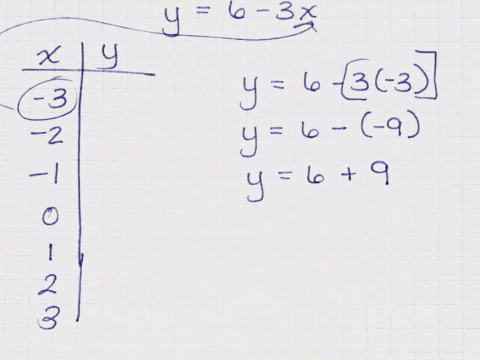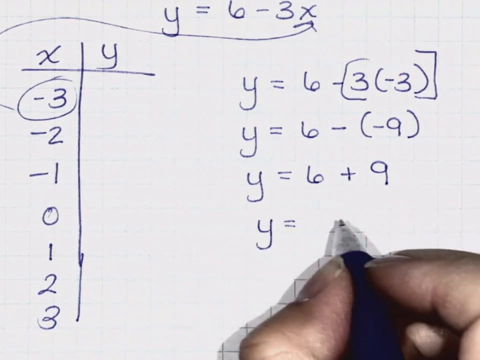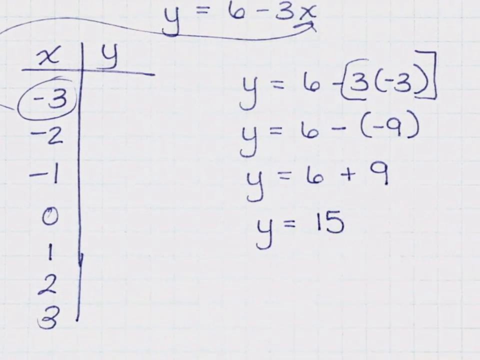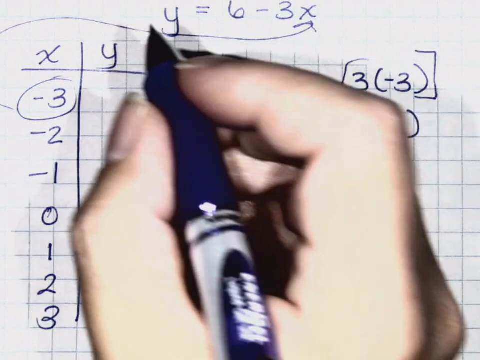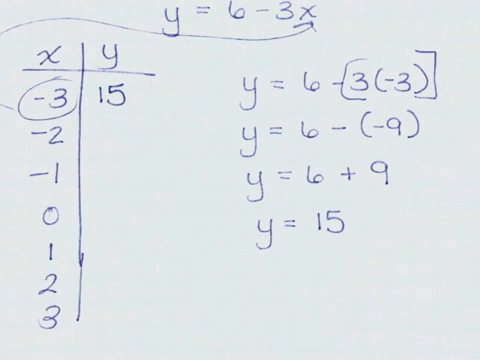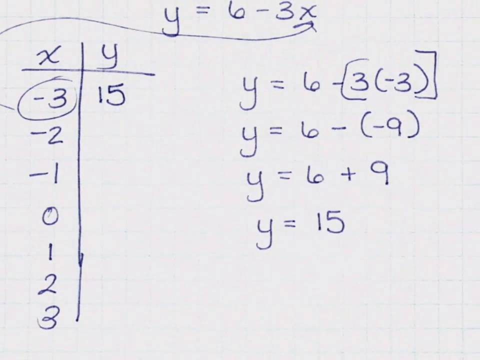So y has a value of 15. So that's going to be positive 15. So those two numbers go together: -3 for the x and y is 15.